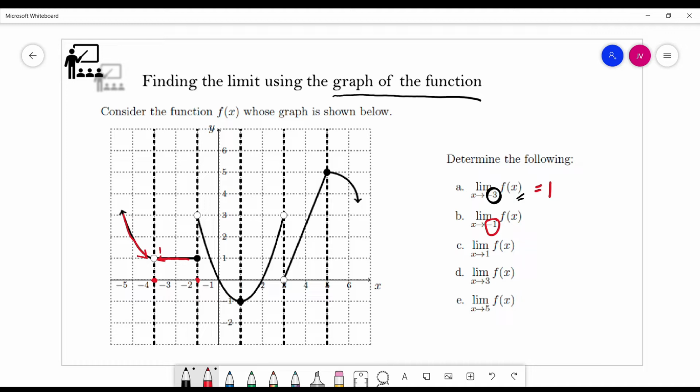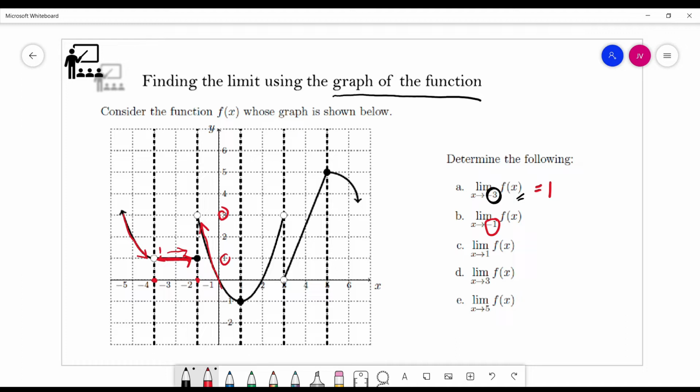So, as the value of your x approaches -1 from the left, nag-a-approach siya into 1. And on the other hand, from the right naman, nag-a-approach siya dito kay 3. So, ibig sabihin lang nito, we have the left hand limit as 1 and the right hand limit as 3.